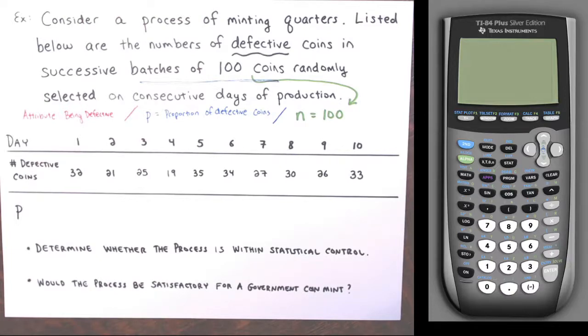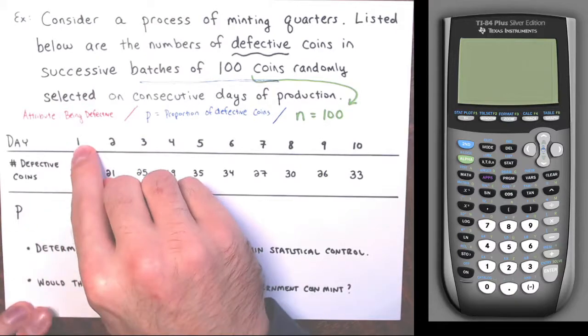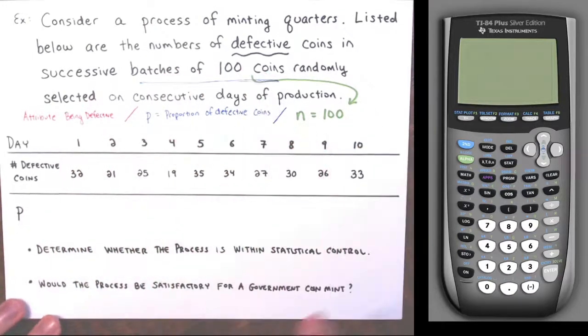They're monitoring an attribute of these coins and seeing if the process is stable or not when it comes to that particular attribute. So on the first day, they take 100 randomly selected quarters that they've minted, and then they measure them, they weigh them, to see how many of them don't meet the specifications within a certain margin of error. How many are defective, are not created properly.